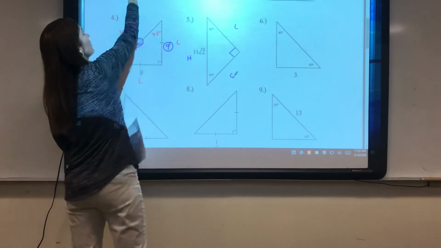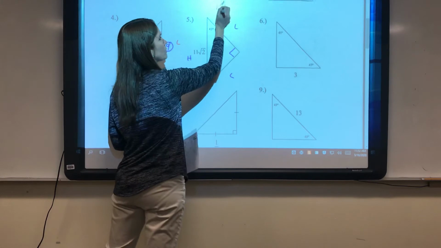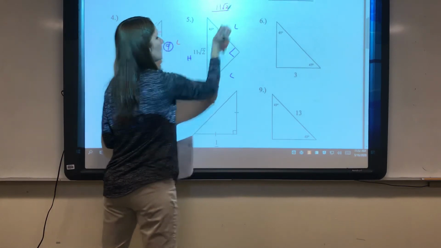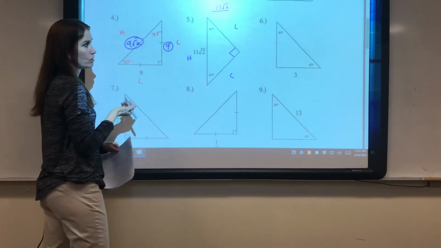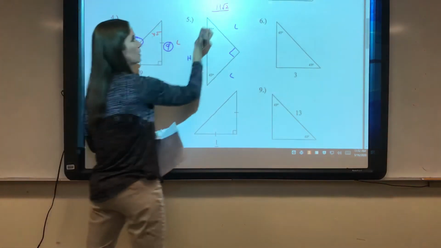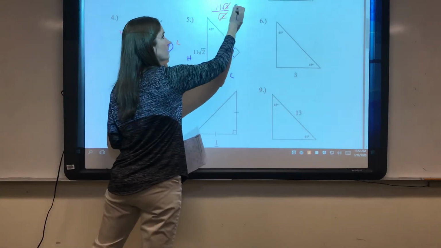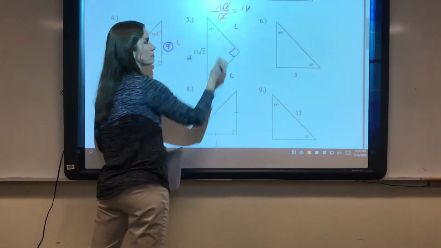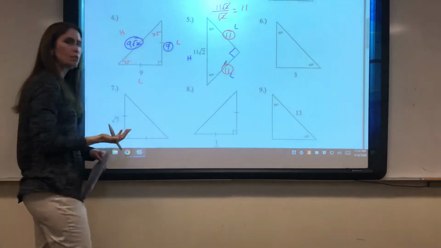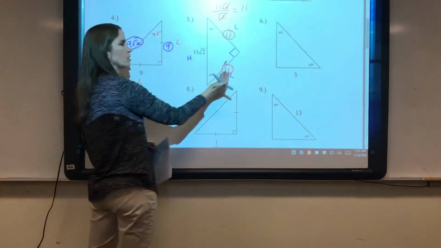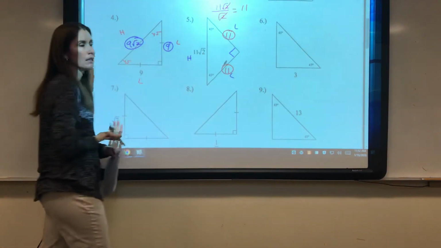And so again, if I take my hypotenuse, 11 square root of 2, and I divide that by square root of 2, because that's the relationship, and I'm trying to get a smaller number, then I can see those square root of 2's cancel out, and I'm left with 11. So I know that length is 11, that length is 11. I can always double check it going back the other direction. I know 11 times square root of 2 should give me the hypotenuse, and it does.